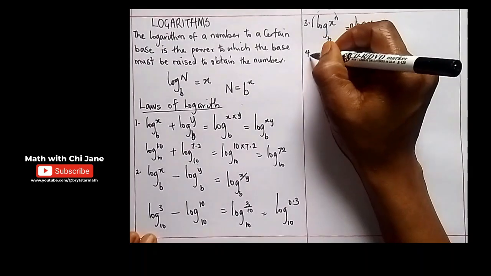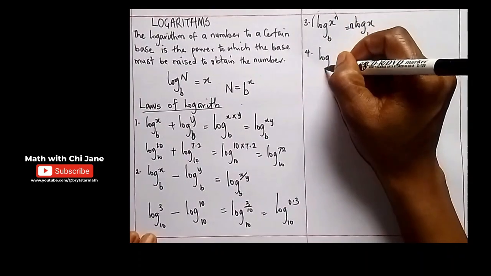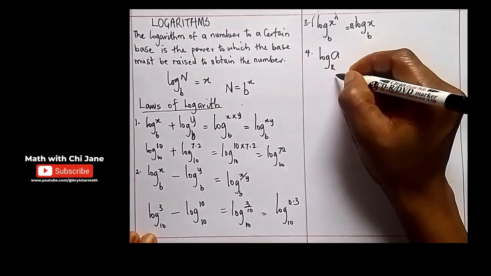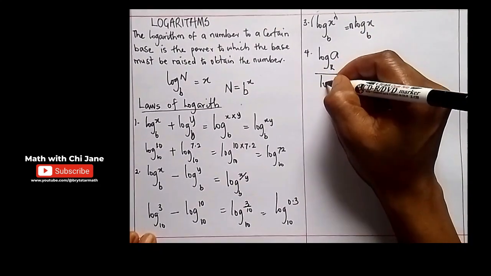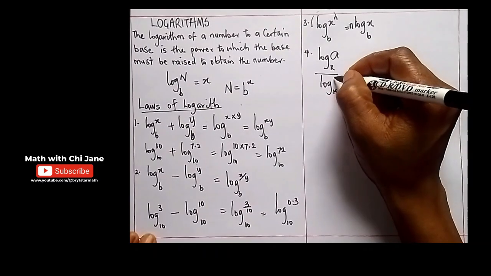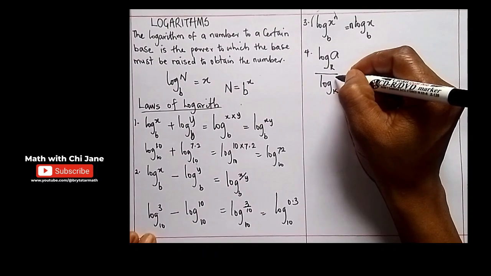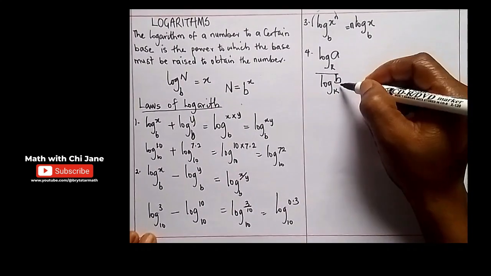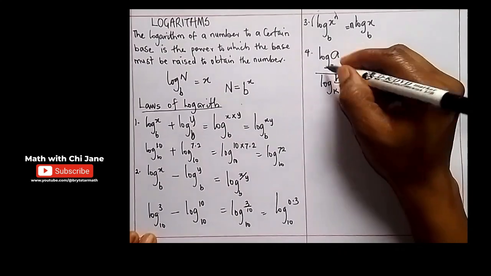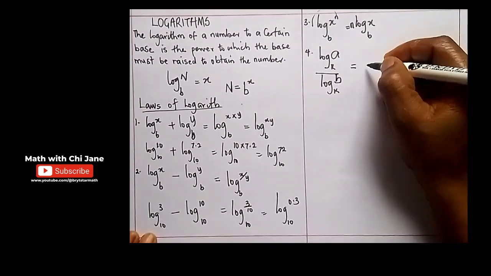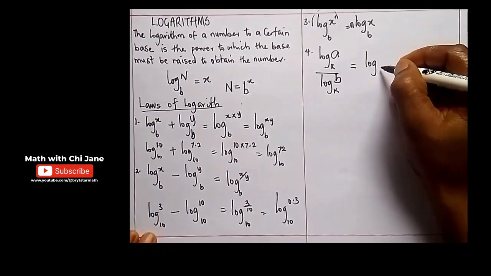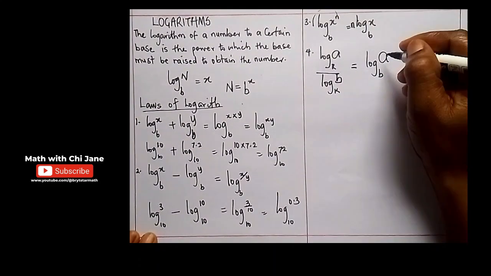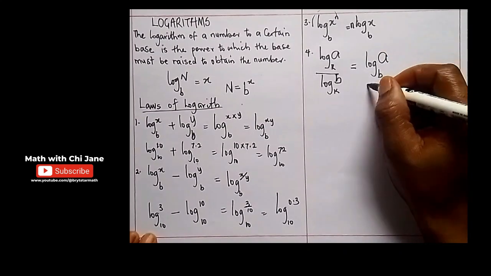Alright, then the next one we have is where we have log a base k divided by log b base k. Since this is a, this is b, they are of the same base k. It then becomes log a base b.